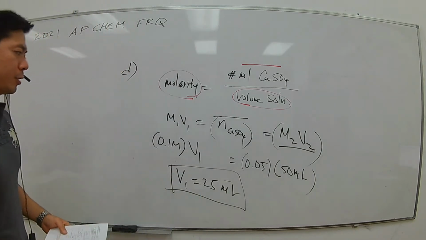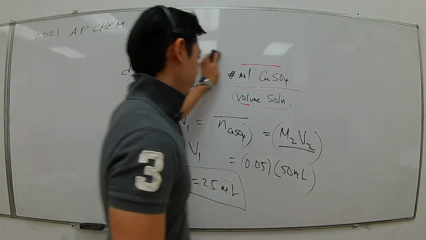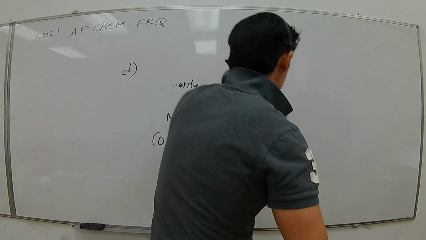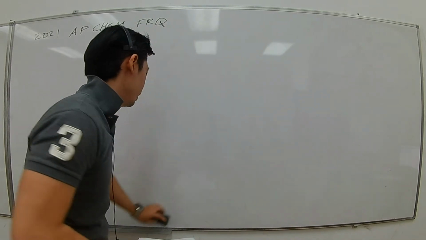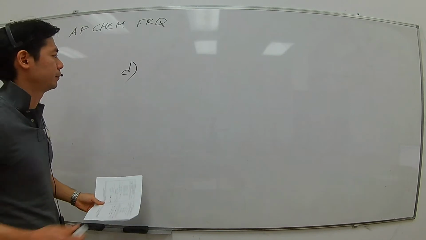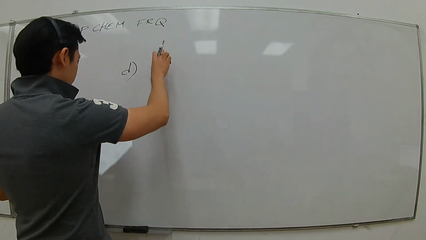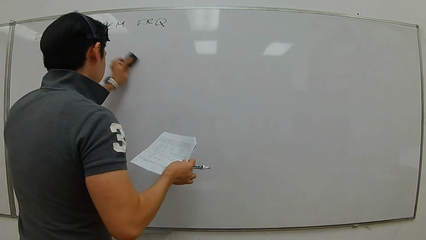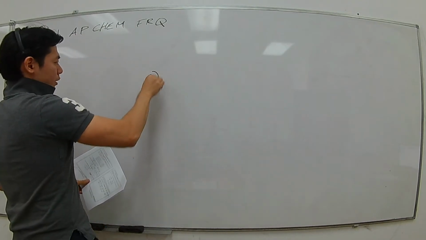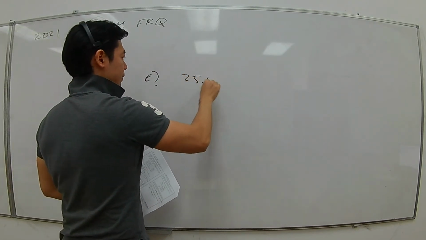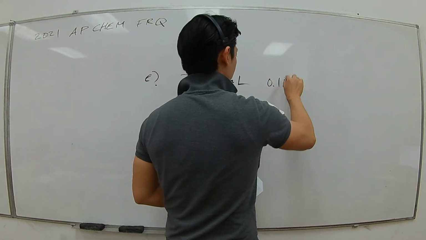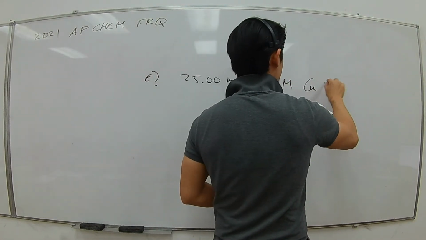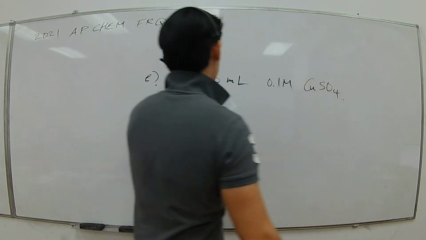First, I recommend you write out what we need. From the previous question, part D, we would need 25 milliliters of the 0.1 molar copper sulfate aqueous solution.